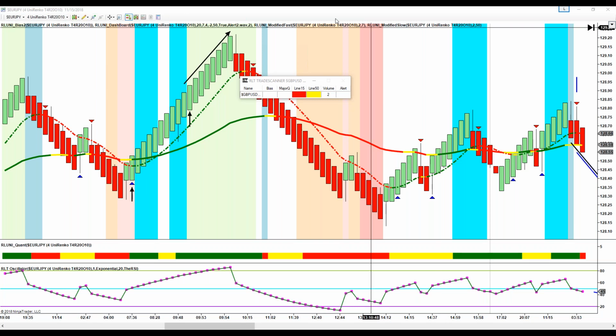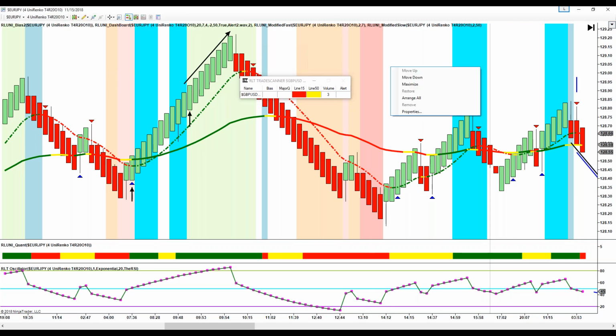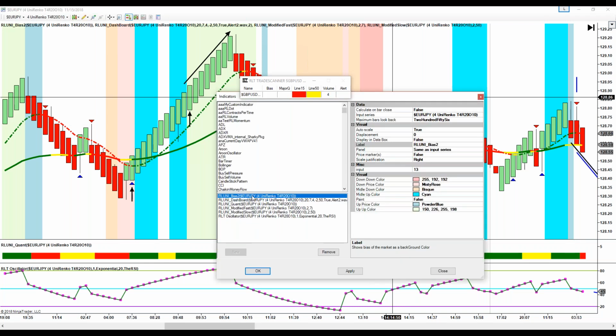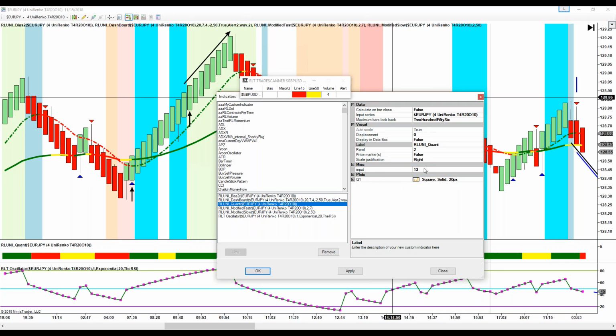Easy, Michael. Remember, if you changed it to a 4-10, well, hold on a second. Okay, all you do is go to the indicators, go to bias, and change this to 13. Go to the quants and change it to 13. A 5-2-10 is an 8.